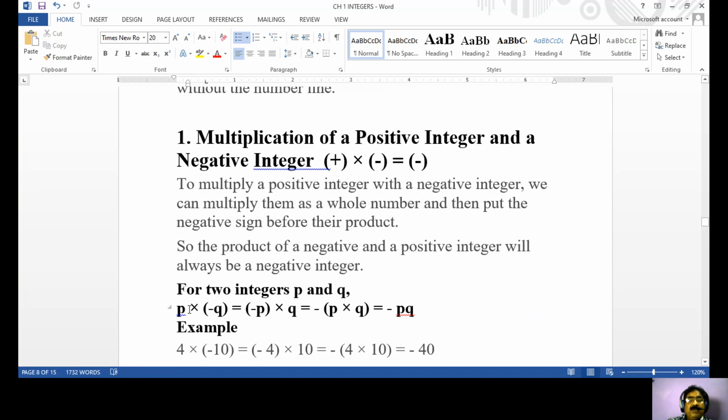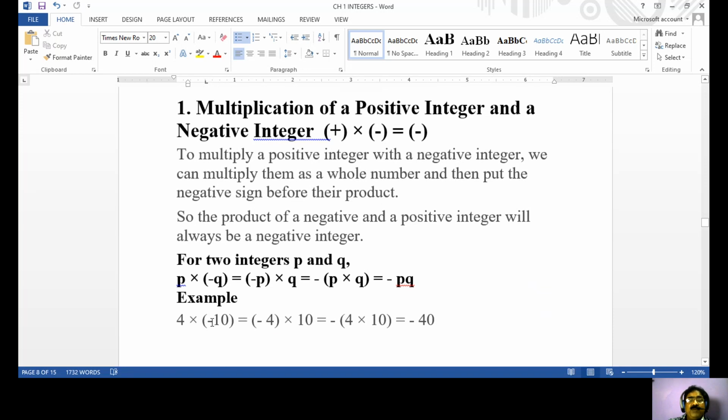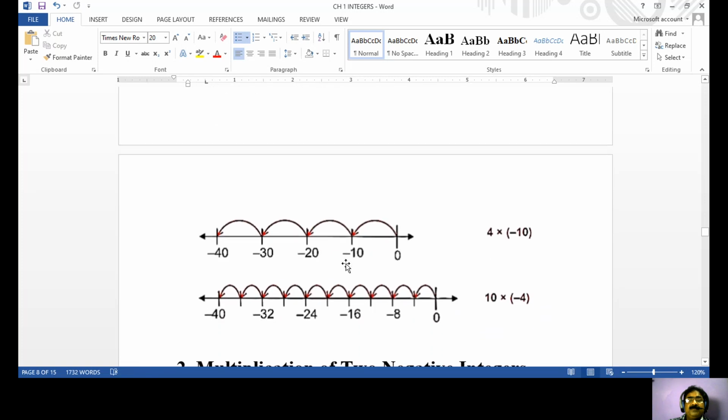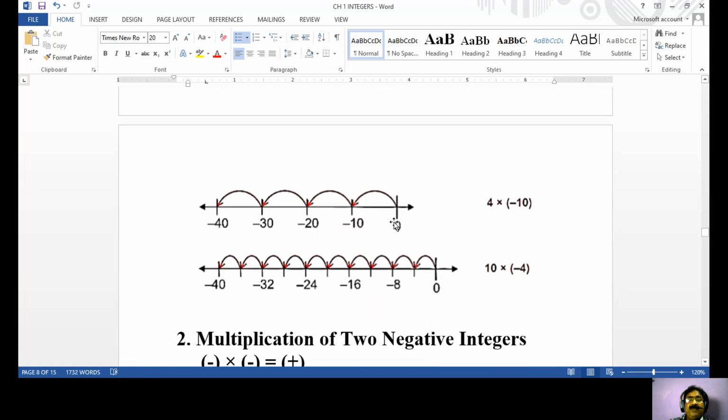Now p into minus q is equal to minus p into q, which is equal to minus (p into q). For example, 4 into minus 10 is equal to minus 4 into 10, which is equal to minus 40. Pictorially, from 0, going to the negative left side, 10 steps, again 10 steps, again 10 steps, and again 10 steps means minus 40.